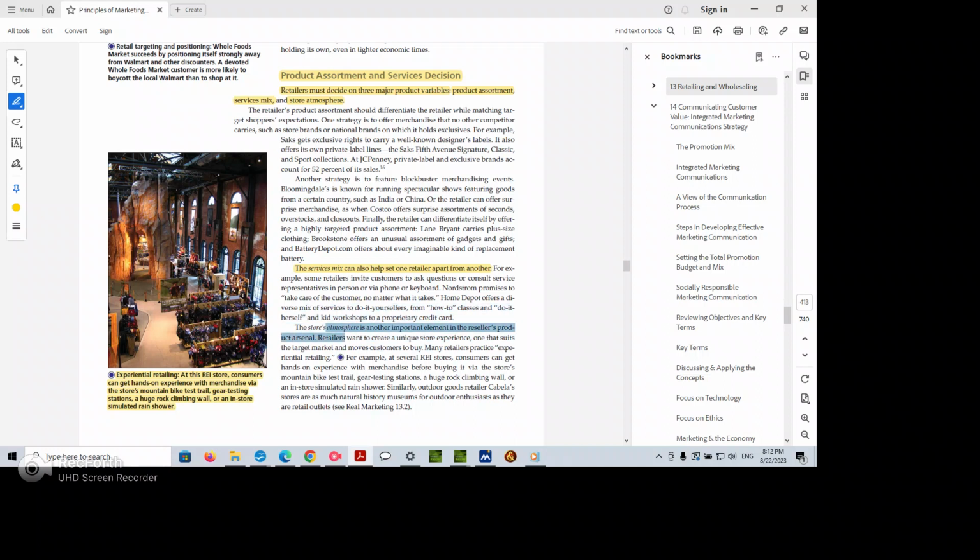Now, a store's atmosphere is another important element of retailers' product arsenal. Retailers want to create a unique store experience, one that suits the largest market and moves customers to buy. This is the premise. It's a very basic premise, but that's what it is.